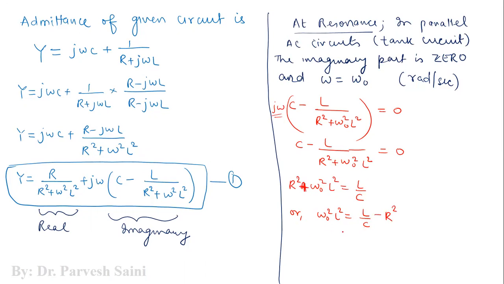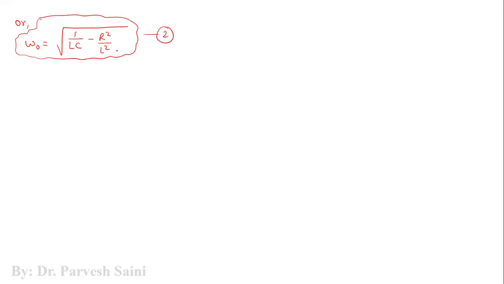So from here we have omega naught square is equal to 1 upon LC minus R square by L square, or omega naught is equal to under root 1 by LC minus R square by L square.